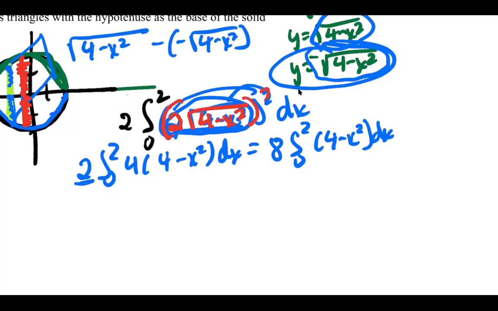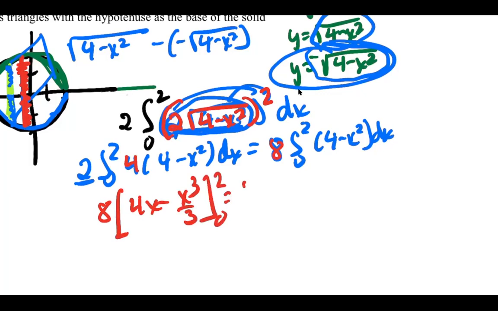And when we square it, I have this. I took out the 4 and made it an 8. So I have 4x minus x to the third over 3 from 0 to 2. So I get 8 minus 8 thirds minus 0.